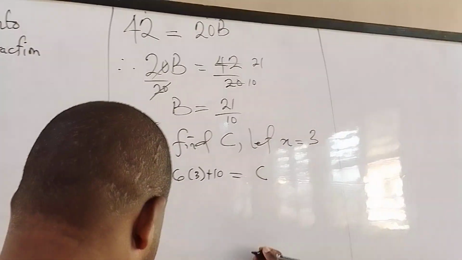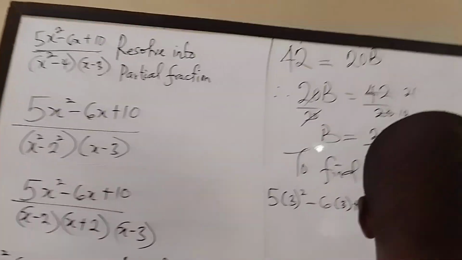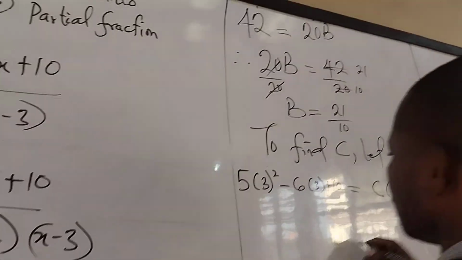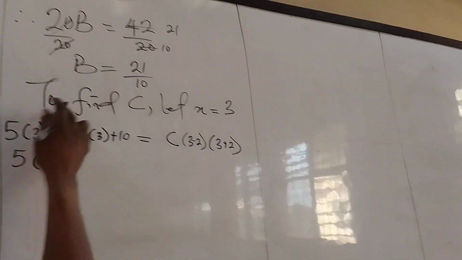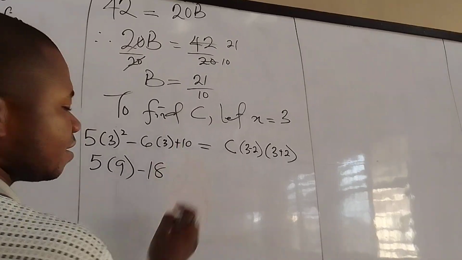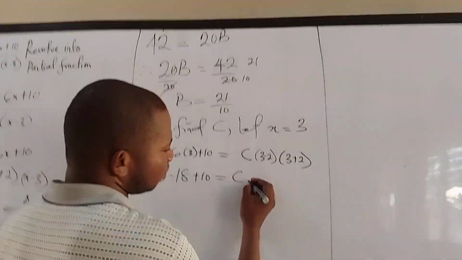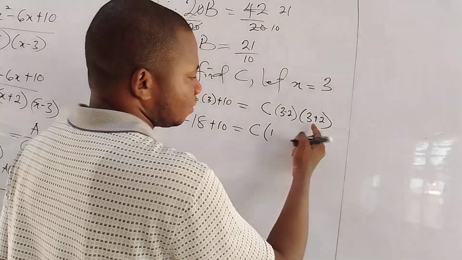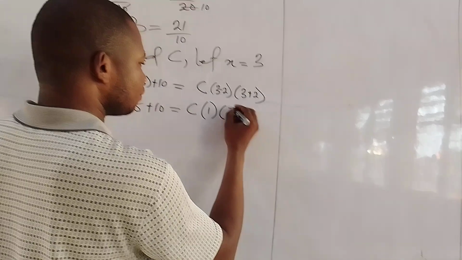I'll have it equal to C into bracket x minus 2, which is 3 minus 2, then x plus 2, which is 3 plus 2. At the end of the day, we have 5 into 9, 3 squared is 9, that is 3 times 3, 9, minus 18, that is 6 times 3, 18, plus 10 is equal to C into 3 minus 2, which is 1, then 3 plus 2, that is 5.